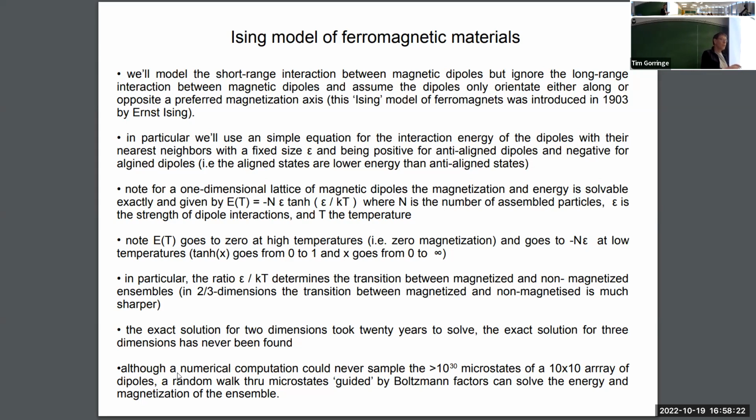So you can't do what seems to be an obvious procedure based on the Boltzmann factor and the partition function, which is to take the probability of each microstate, multiply it by the magnetic energy of that microstate, and then average them all up. But you've got 10 to the 30 in your average, so it's impossible.